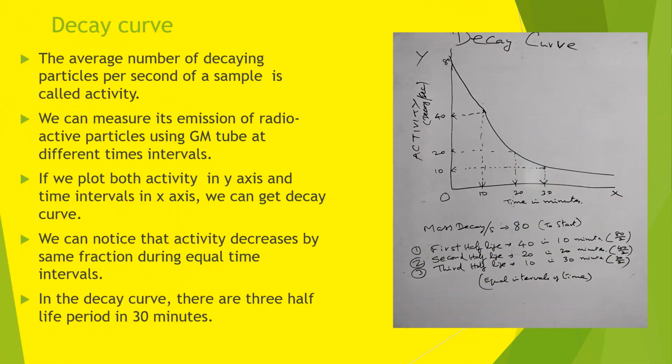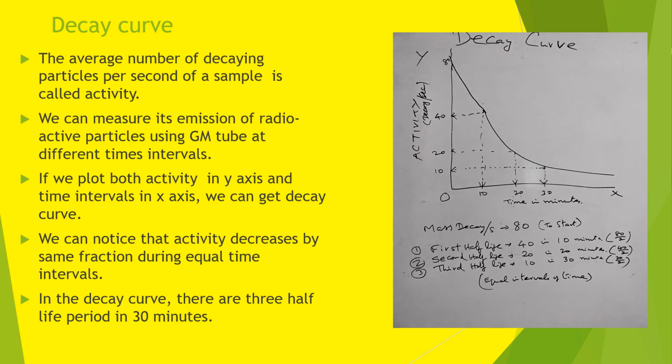To find the life period of old creatures and animals, we use the decay curve. A decay curve is a curve having time in minutes on the x-axis and activity on the y-axis. Activity means how much is decaying per second. The average number of decaying particles per second of a sample is called activity.